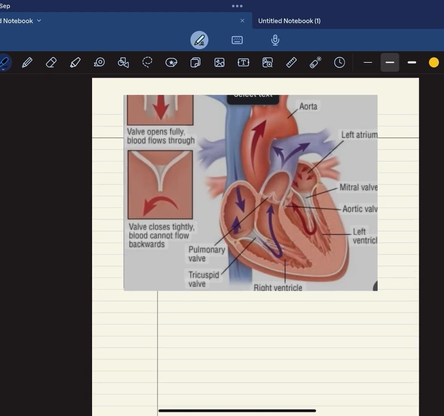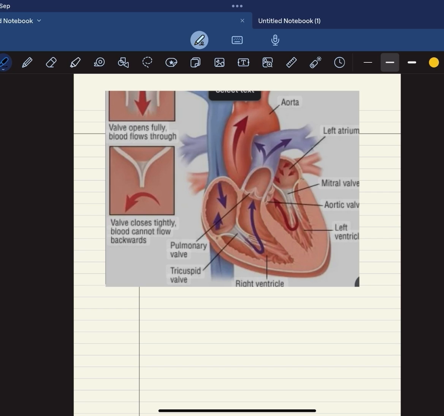It starts with the atrial systole, where the atria pump blood into the ventricle. Then the mitral valve closure takes place after the atrial systole.